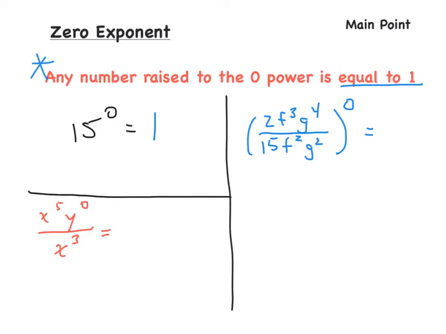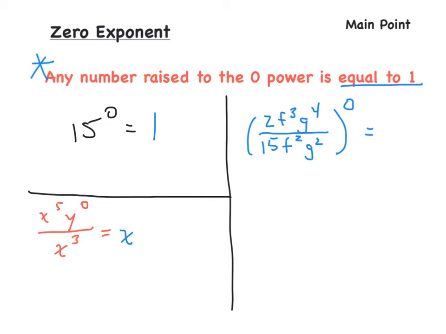So now let's go down here to the bottom. We have a y to the 0 power. Remember, that is equal to 1. But we still have some x's here. So what are we supposed to do with these? Remember, like usual, all we have to do is subtract. So what is 5 minus 3?